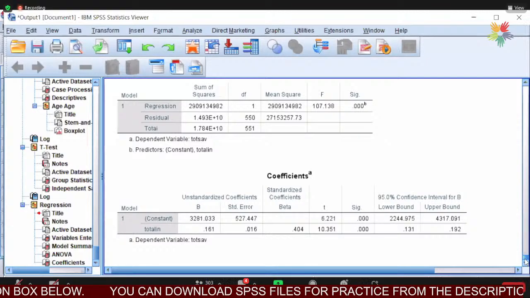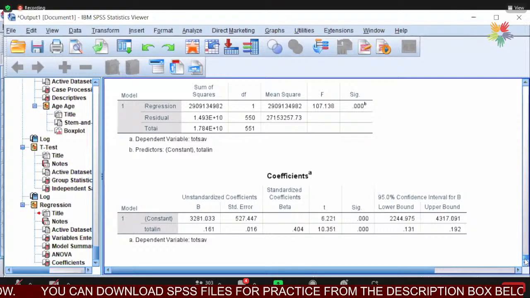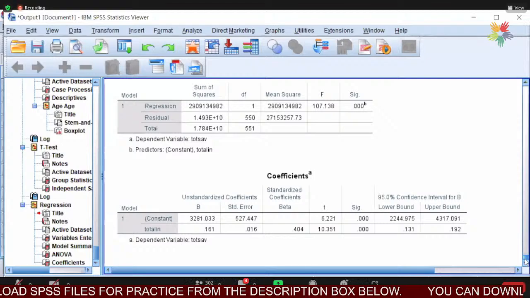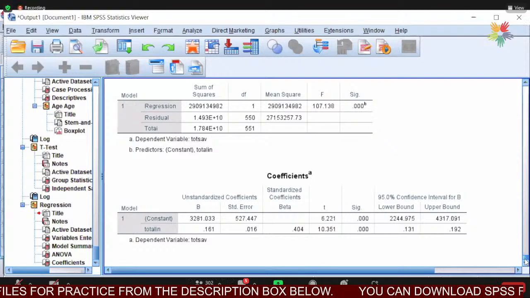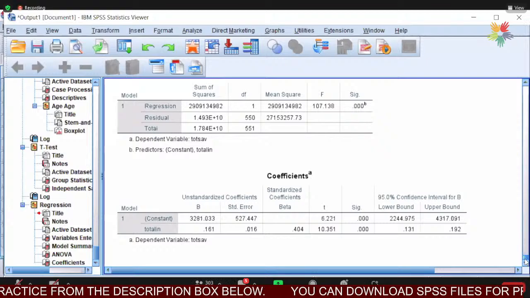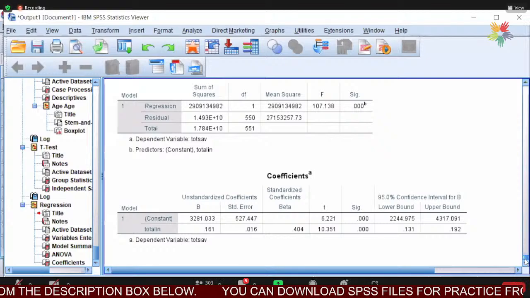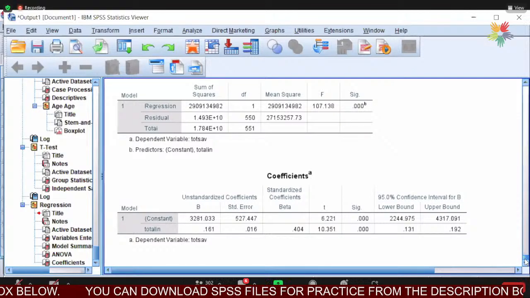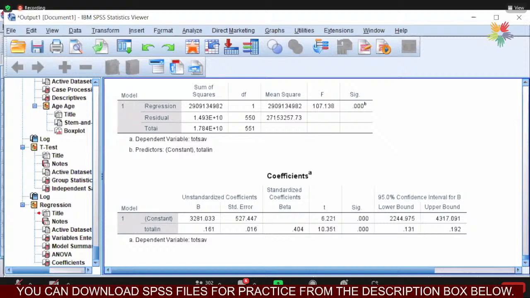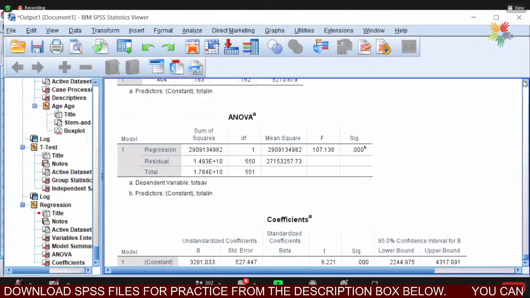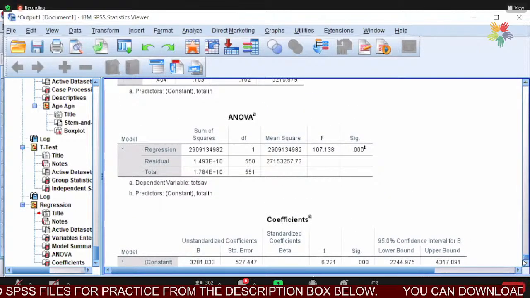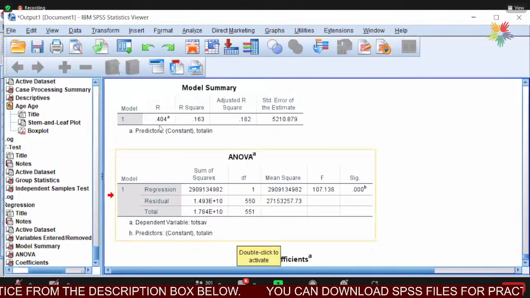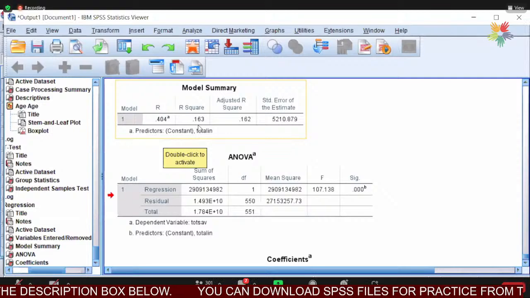Saving varies from person to person, and to what extent it varies because of income is the influence. When income changes, saving also changes. That is a relationship. To what extent we can predict is called the R square. Here the R square is 0.163.